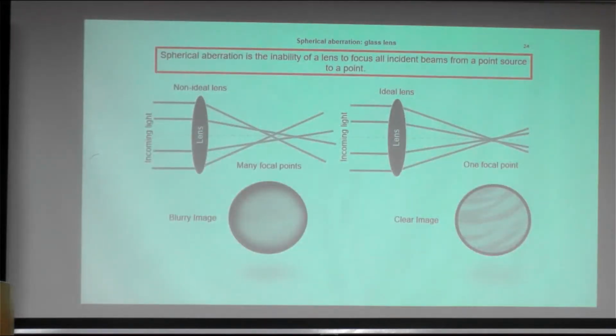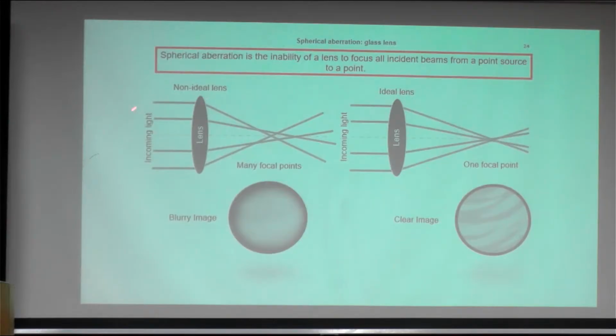So how to correct this aberration? Again, we can look at the optical system, and first we define what spherical aberration is. Spherical aberration is the inability of a lens to focus incident beams from a point source to a point.